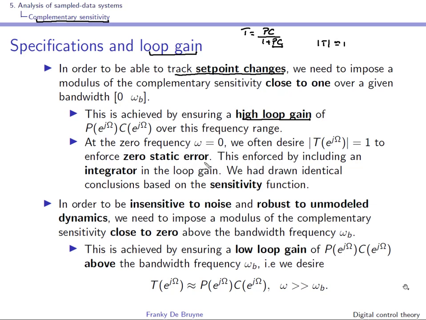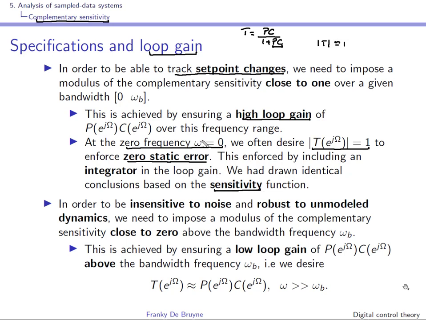Well, we also want to enforce zero static error. So at the zero frequency, in steady state, we have to impose that the modulus of T is equal to 1, and this can be enforced by including an integrator in the loop, and this integrator can either be in the process or in the controller. And remember that we had drawn identical conclusions based on the sensitivity function.